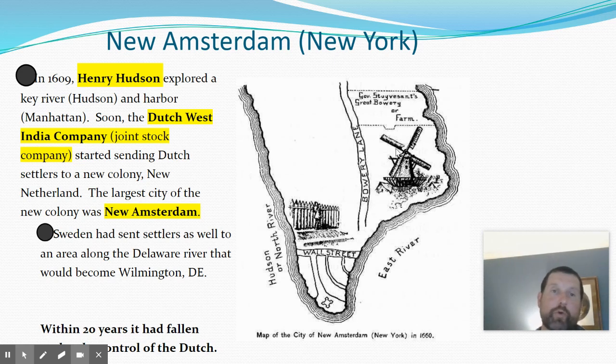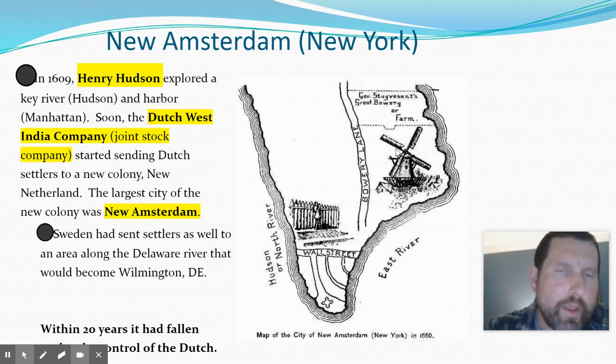Perhaps most notably, of course, is New York, which opened up in 1609 with Henry Hudson, the Hudson River, exploring around Manhattan. And the Dutch West India Company comes into New York. They name it New Amsterdam. The Swedes had attempted to colonize this area as well along the Delaware River, which is further to the west. The Delaware River is currently the border between New Jersey and Pennsylvania, but also flows towards about the Philadelphia area.